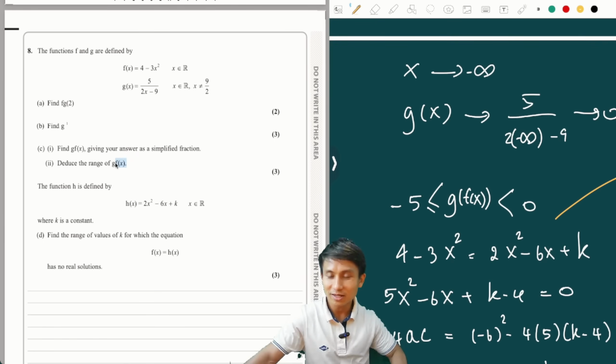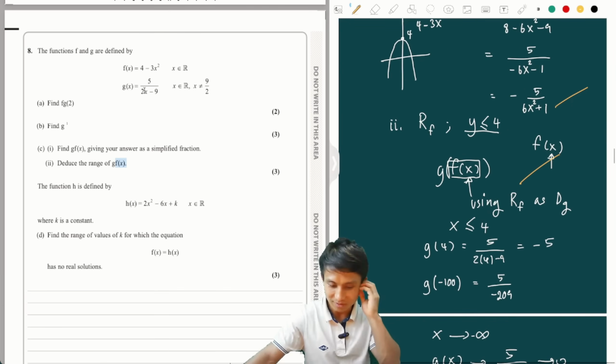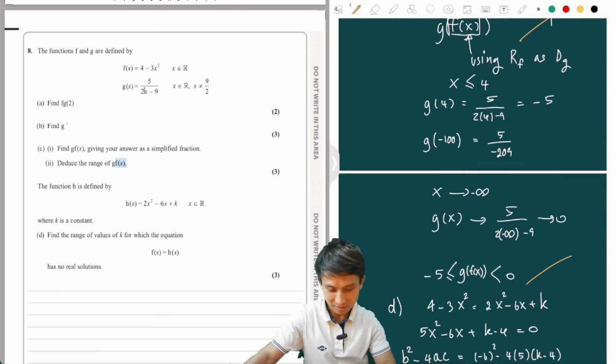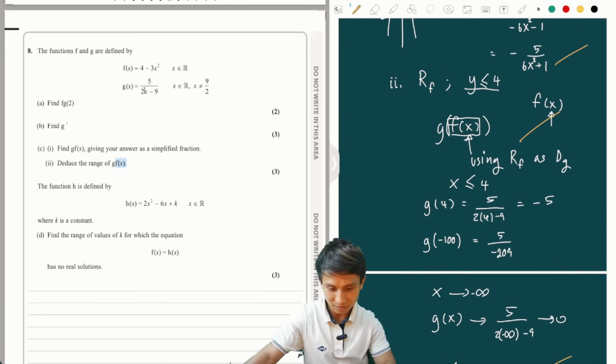So the range of f(x) will be the domain you use to consider g(x), right? But the other way is to look at g of f(x) here, so this is the function g of f(x). Where is it?